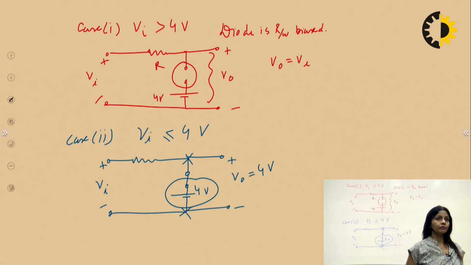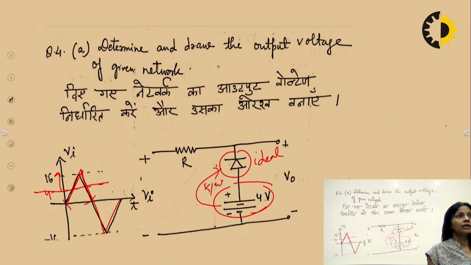Now what we have to do, we have made the cases, we have calculated the output voltage, and the question is asking determine and draw the output voltage of the given network. So we have solved this question. In case 1, we made the circuit, found out the output voltage. Then in the case 2, we found the output voltage.